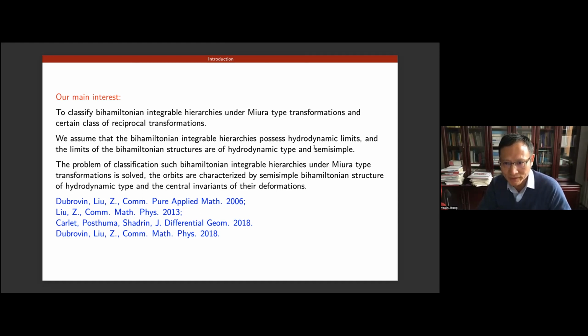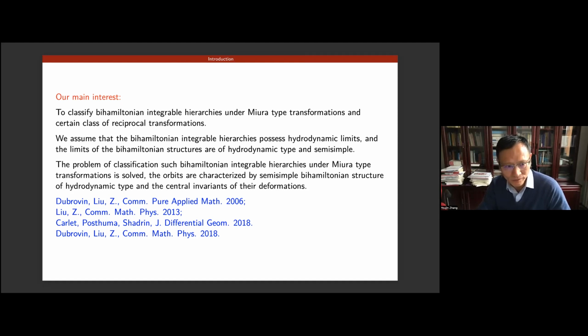to be semisimple. Such a classification problem is solved under the action of the usual Miura type transformations, which I will later explain.